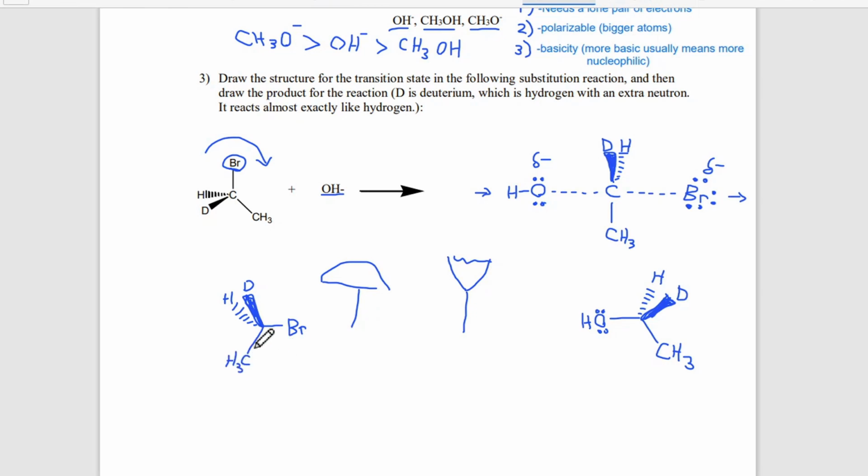Then everything pops over to the other side when the OH comes in. So OH comes in, flips everything over to the other side, and now you have your product.